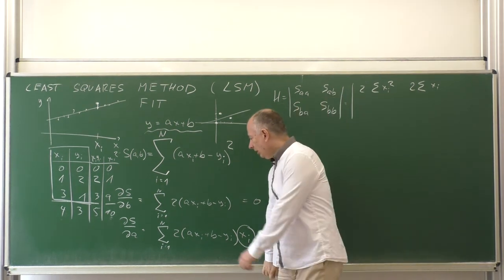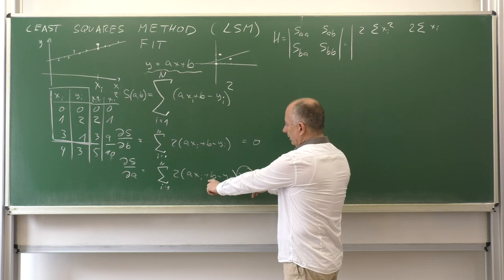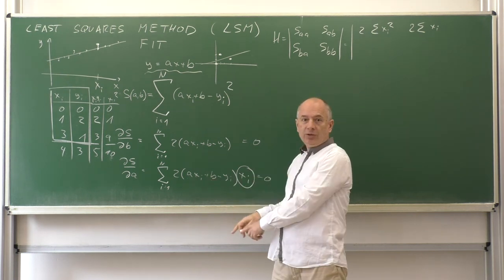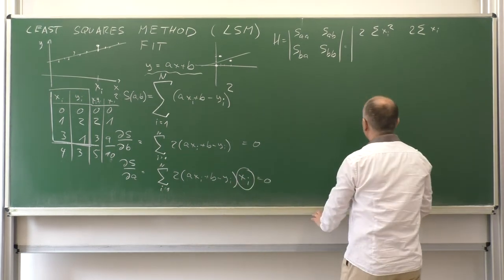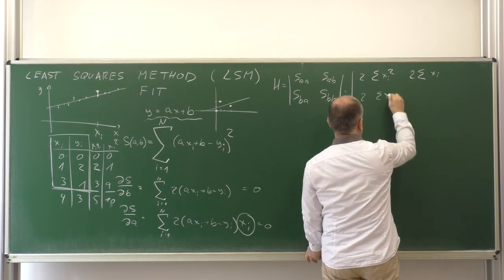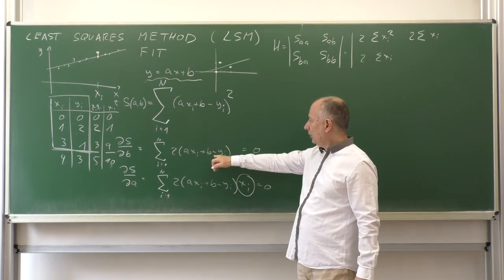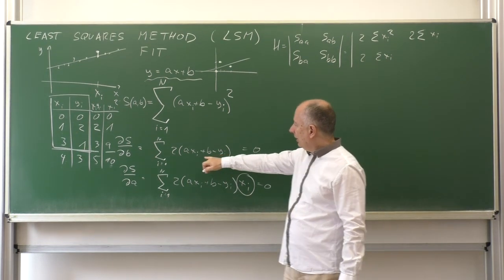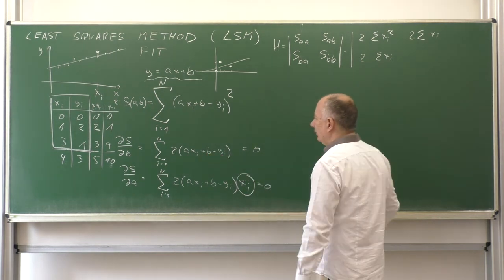The same here, if we differentiate with respect to b, then this times this gives b xi, and when differentiated with respect to b, we have xi. So 2 times sum xi. And finally, if we differentiate this with respect to b, then we have 2 times sum of 1, which is 2n.